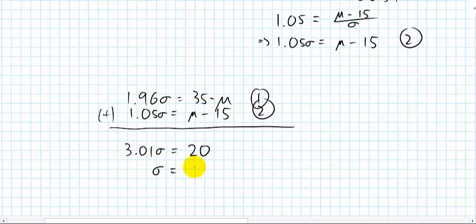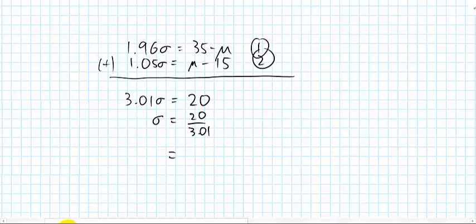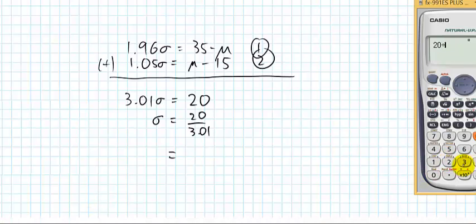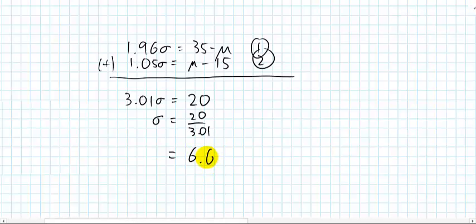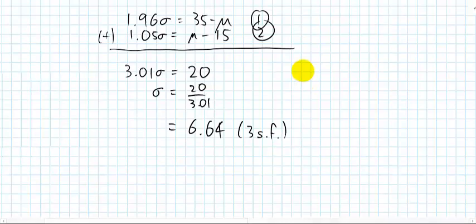So sigma will be 20 over 3.01, and this is equal to 6.64 to 3 significant figures. Now we're not done yet because we haven't found mu.